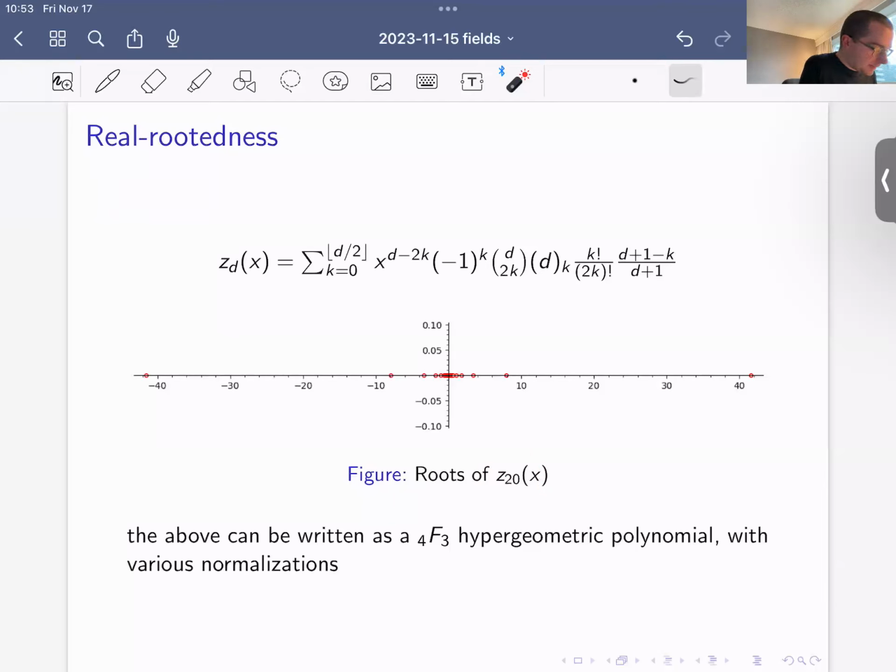In terms of explaining why this has real roots, I think what can be done is you can rewrite this in the form of a hypergeometric polynomial. Specifically, I think it should be a 4F3, in case anyone knows what that means. And then there's a bunch of normalizations, of course.